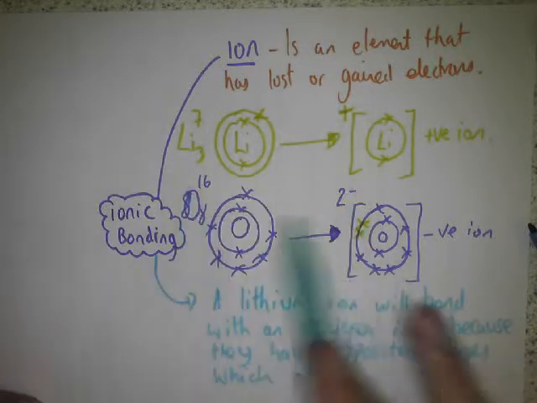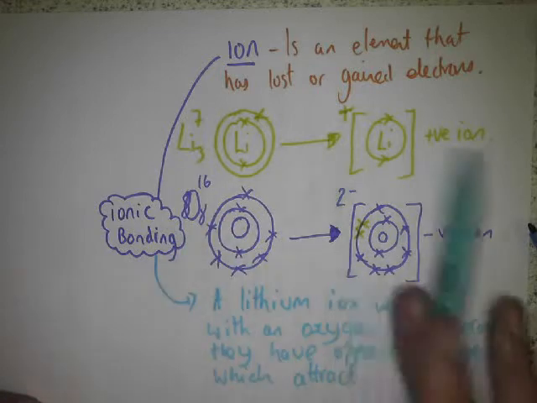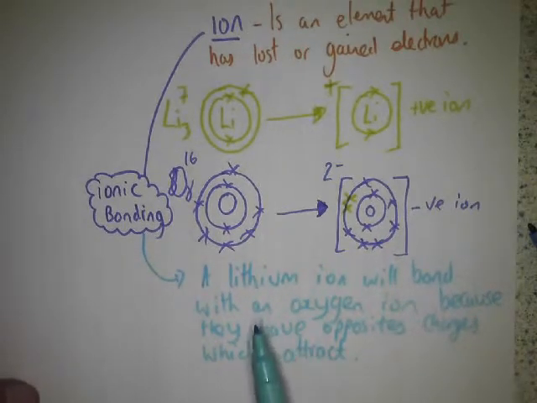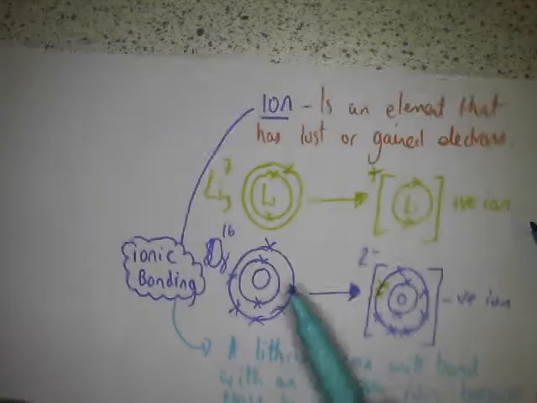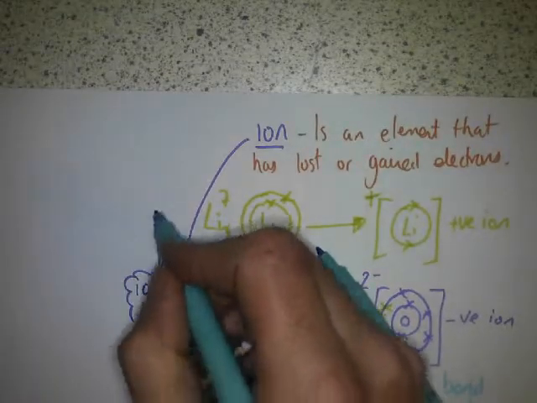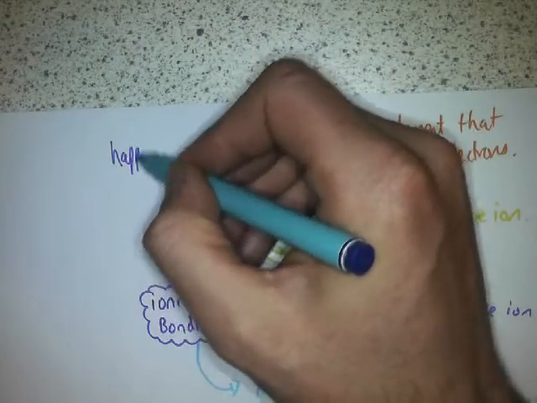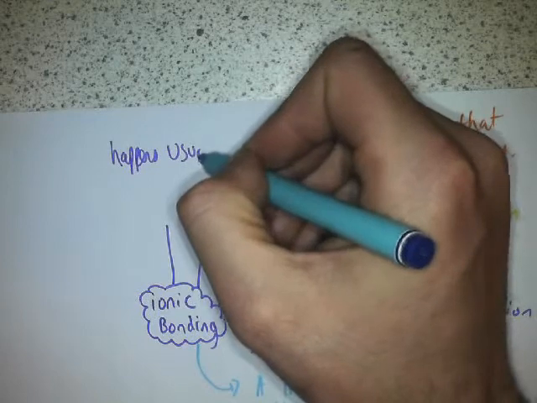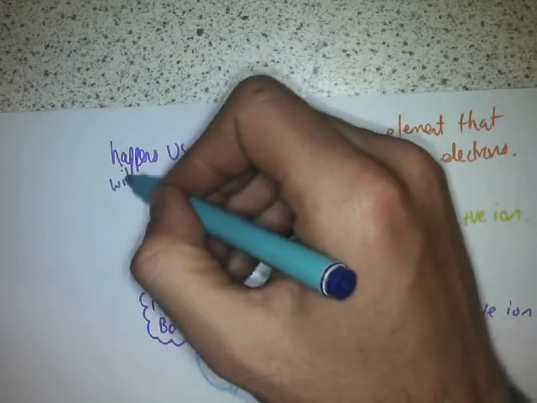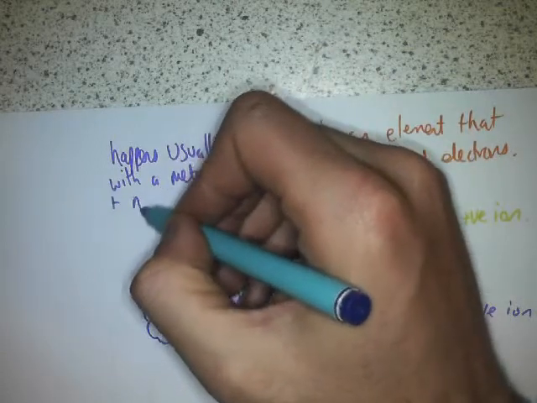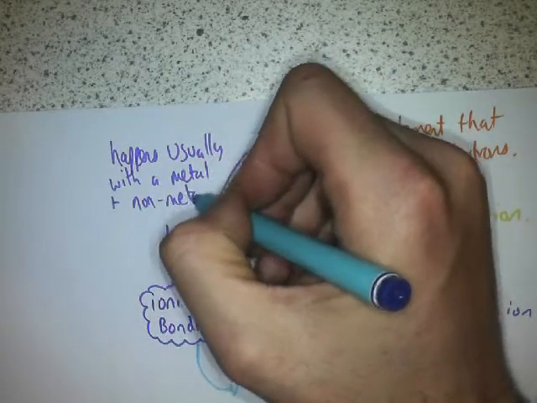That is that in words. So if lithium comes in the vicinity of oxygen, it will give up its electrons, oxygen will take it, and then they will bond. Opposites attract. So ionic bonding happens usually with a metal and a non-metal.